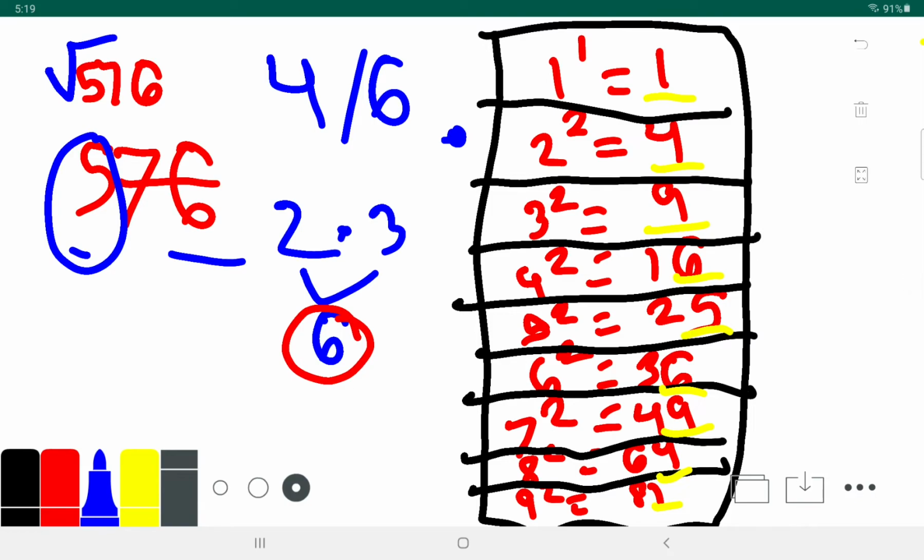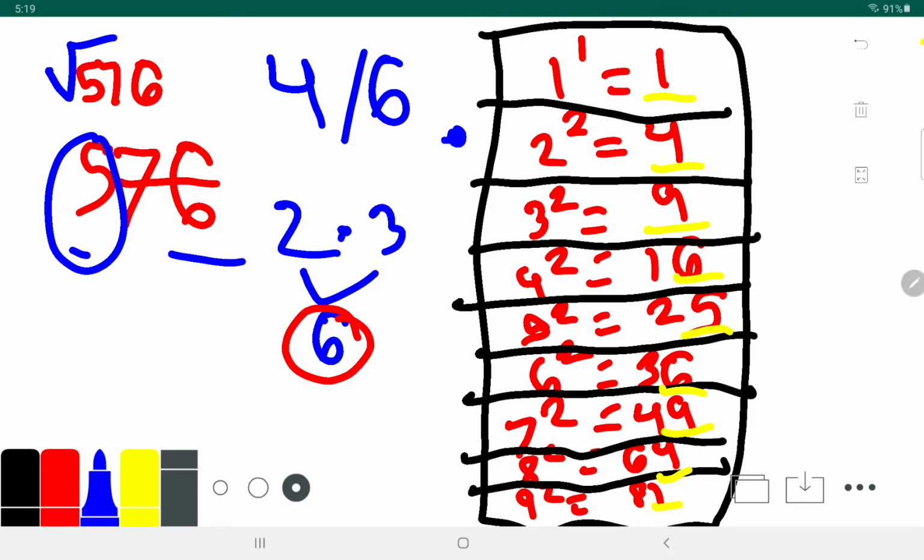So now that we have 6, we see, is 6 greater than or less than 5? We see that 6 is greater than 5. If the product is greater than the first digit, or the first two digits, or however many, then you're going to choose the lesser number.